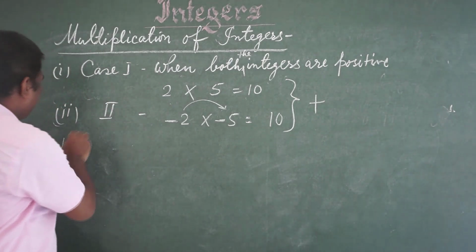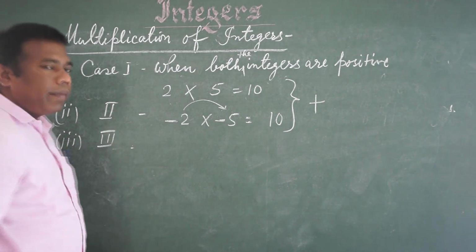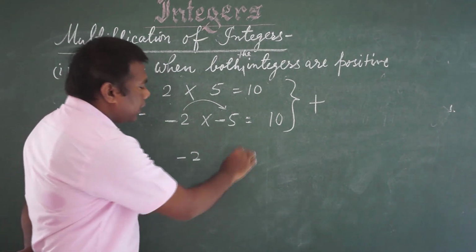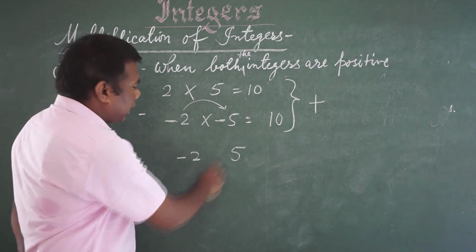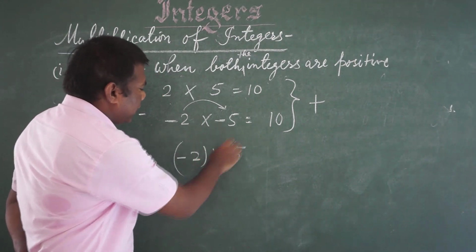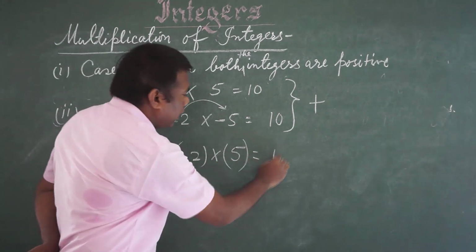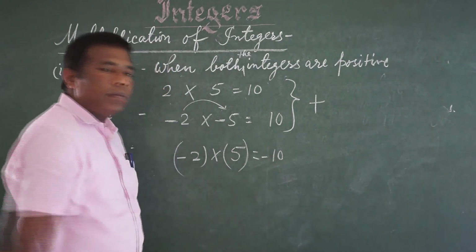In the third case, if of two integers one is negative and the other is positive, opposite signs are there and you need to multiply these numbers. What will you get? 5 times 2 is 10. This time your sign will be minus.